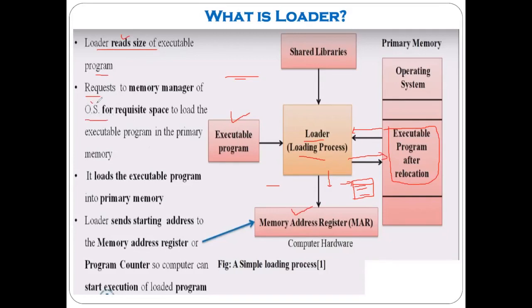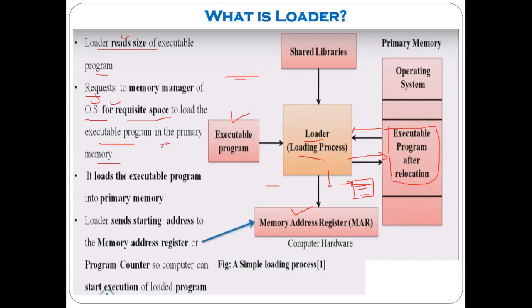Operating system. Memory management is one of the functionalities of the operating system. So that is the reason loader requests the memory manager of the operating system for the particular space to load the executable program into the primary memory. So here the operating system also plays a part. Loader has to request the operating system to get the certain space for that executable program.